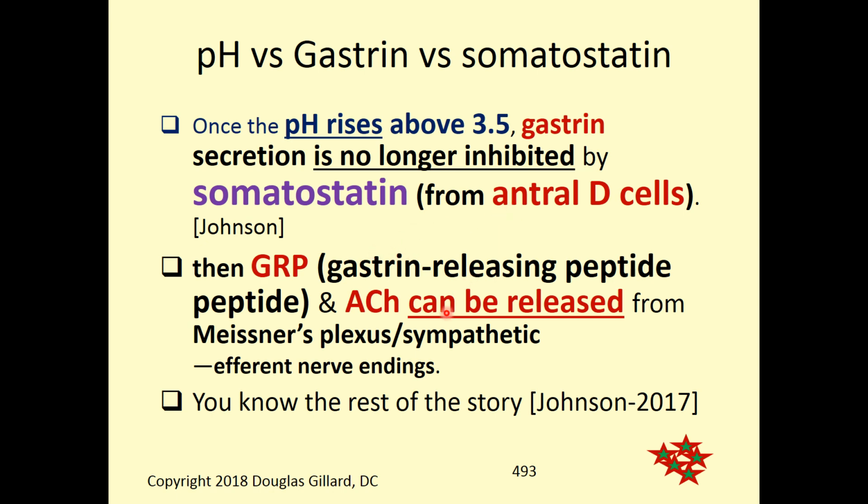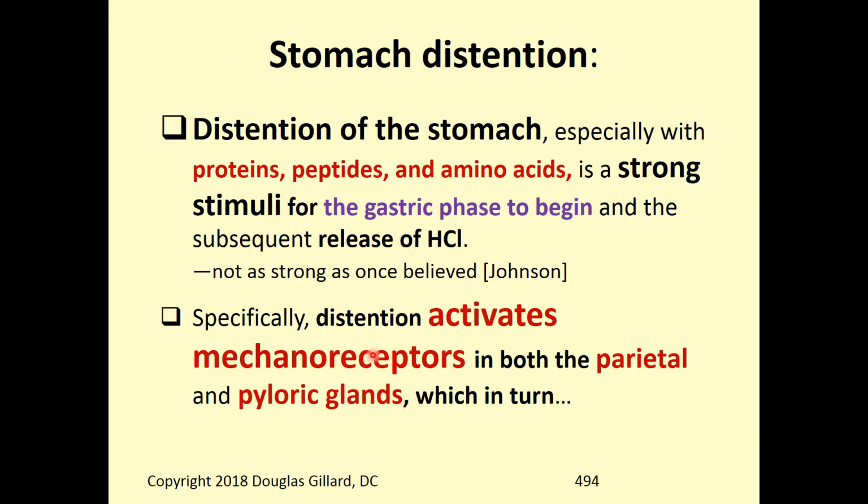GRP and ACH will be released because of the stimuli of the cephalic and the gastric phase. The stretch of the stomach stimulates the release of these, and you know the rest of the story. Stomach distension, especially if there's proteins and acid, is a very strong stimulus for the gastric phase.